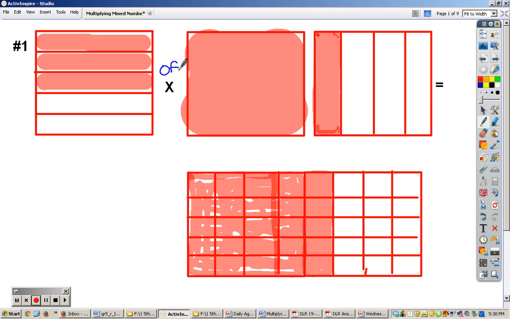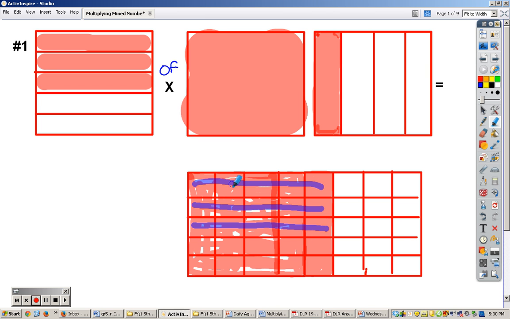Well, take the highlighter here. Now we're going to go to blue. 3/5. Well, here we have 1/5, 2/5, 3/5, 4/5, 5/5. We already have it divided into fifths. We just need to figure out 3/5 of this. So here is 1/5, 2/5, 3/5. Now we just count those squares up. They're in 20ths.